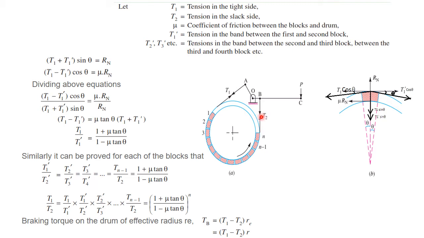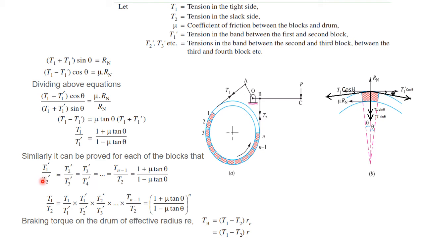Because the final tension is T2 and the initial tension is T1. The tension gradually varies as T1, T1 dash, T2 dash, T3 dash, T4 dash, T5 dash, and at last T2. The ratio T1 upon T1 dash is equal to (1 plus mu tan theta) divided by (1 minus mu tan theta), which equals T1 dash upon T2 dash, which equals T2 dash upon T3 dash. That value is the same for all tension ratios.